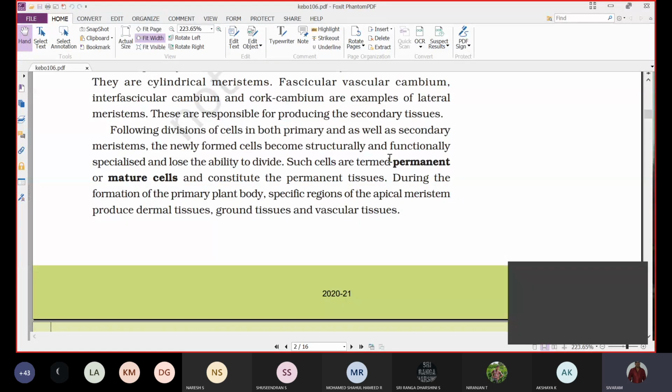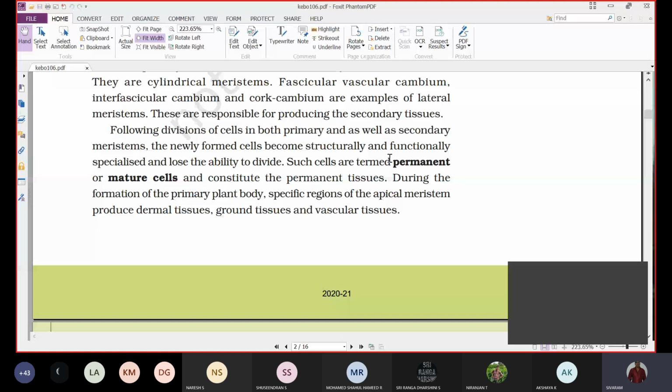So we can understand that only in the plants which are showing secondary growth is this lateral meristem present. In the plants which are not showing secondary growth, we don't find this lateral meristem or secondary meristem, because they are responsible for the formation of secondary tissues which are involved in secondary growth.